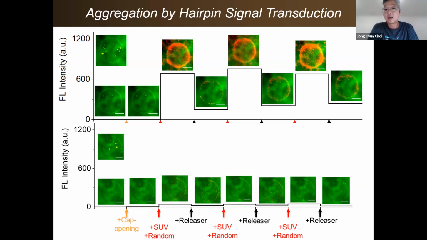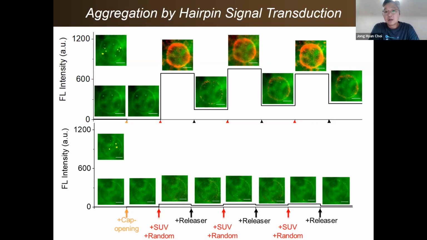We know the scheme works, but the hairpin signal has to get into the giant vesicle, have signal transduction and digestion by the enzymes, and then the processed hairpin signal has to go out. So it really depends on the kinetics and concentrations.